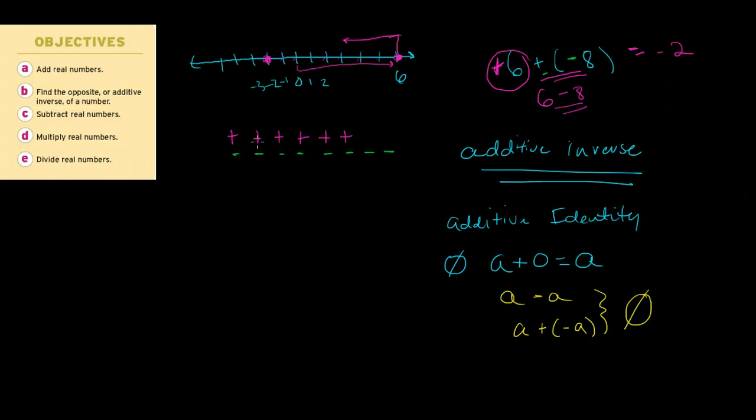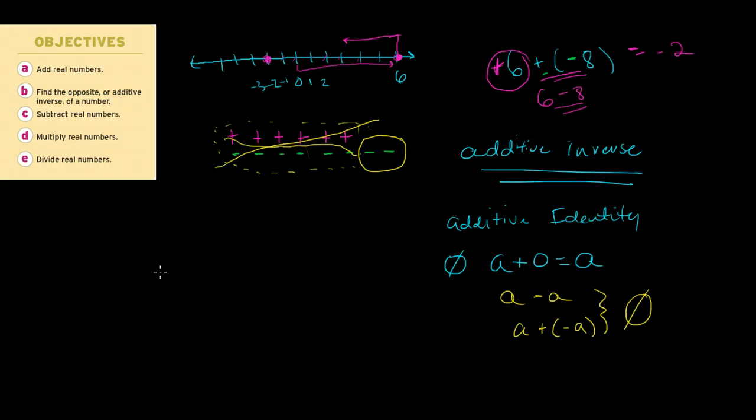So that's 0, that's a 0, that's a 0, that's a 0, that's a 0. We have here what's called a zero field. And these numbers cancel out. They go away. That plus 6 and that minus 6 go away. And what am I left with? I'm left with a negative 2. So a positive 6 minus 8 gives me a negative 2.